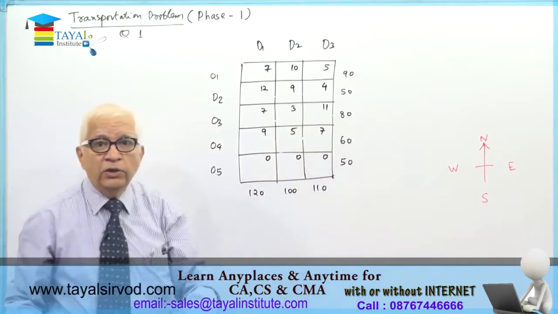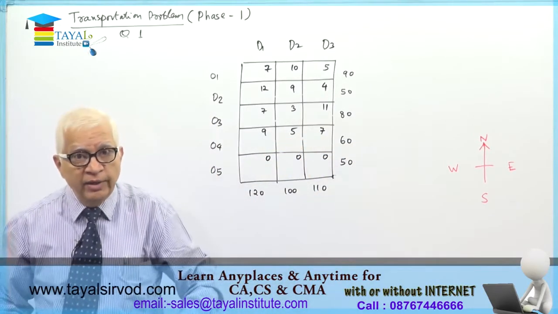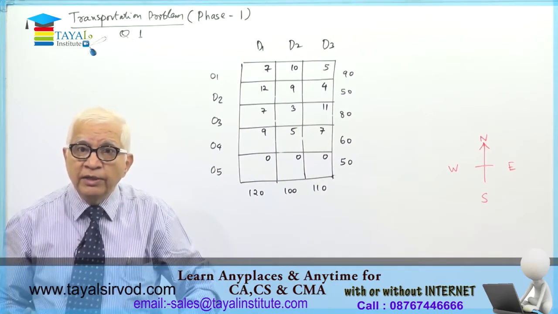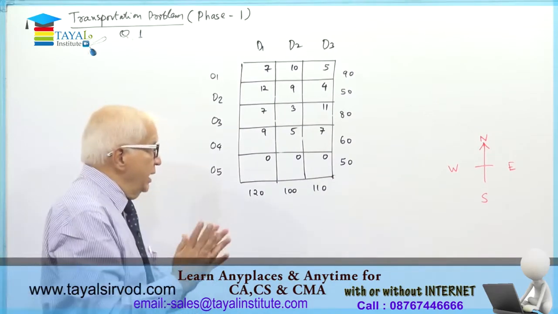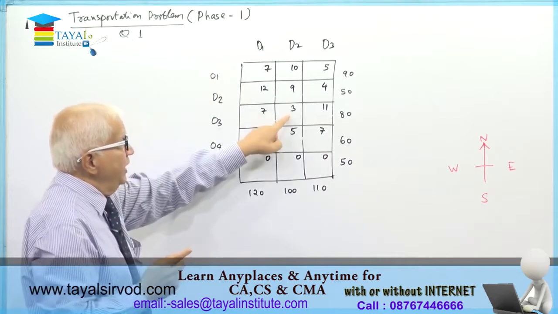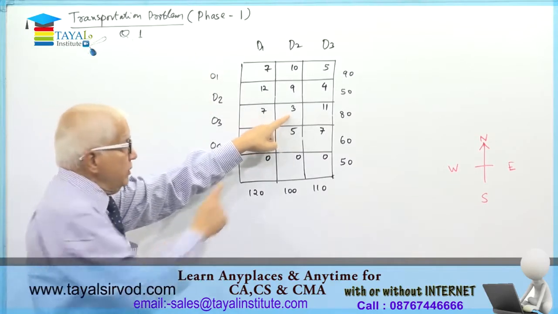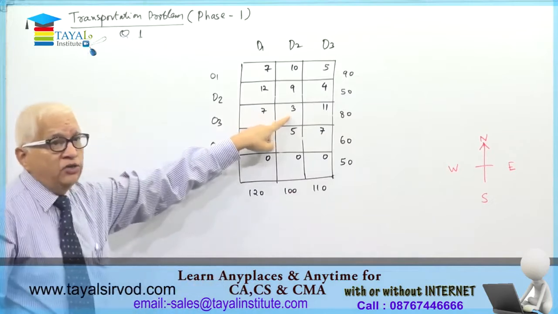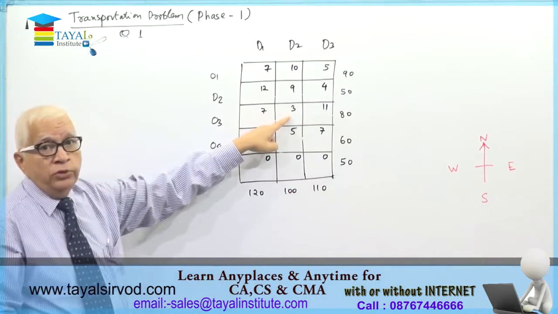Because obviously I cannot transport more units than are available, or more than the demand for the place. Therefore, for any cell, for example, if I take up O3D2, the availability is 80, demand is 100. So what is the maximum number of units I can transport from O3 to D2?